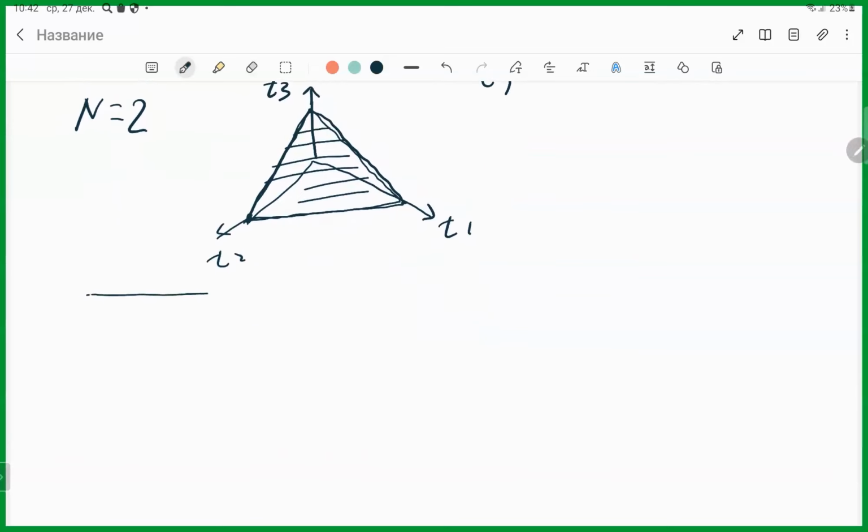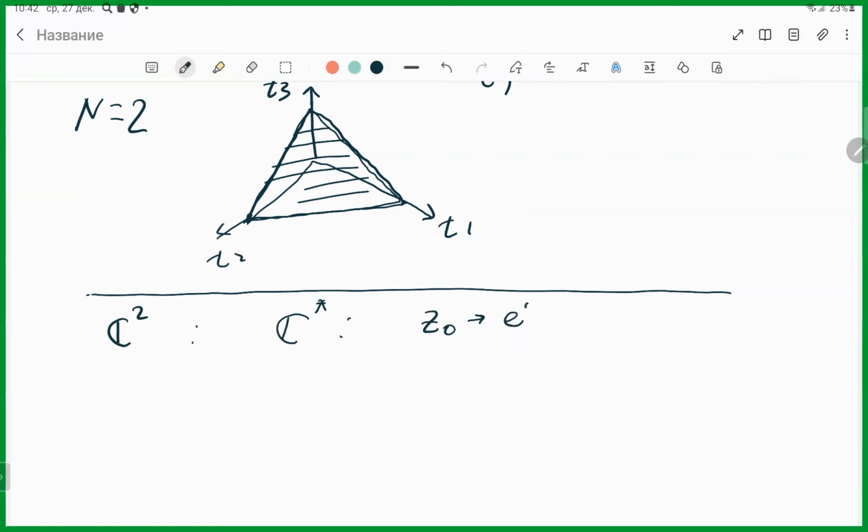I can play with it a lot. In particular, I can change. So let me consider C squared with the action of C star that acts like this, with minus i phi.